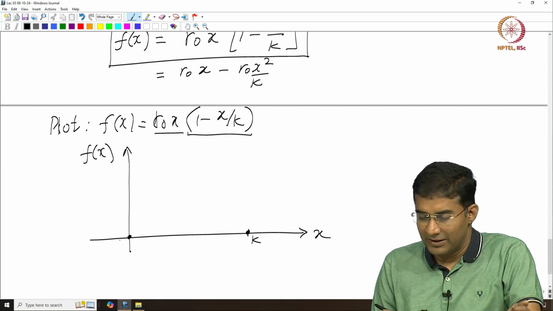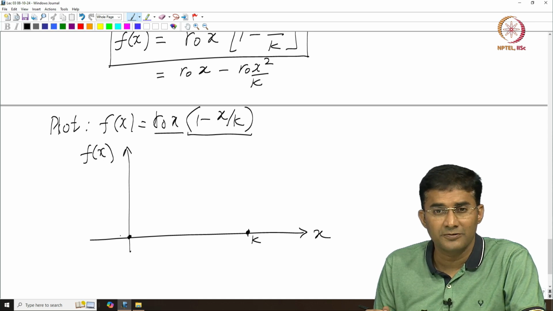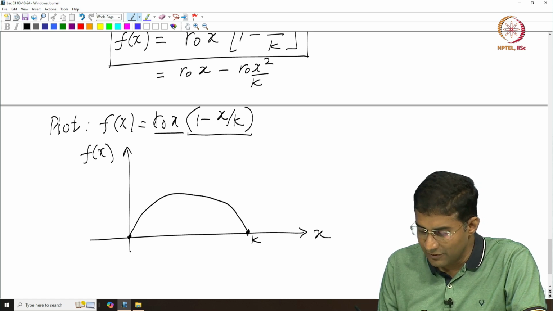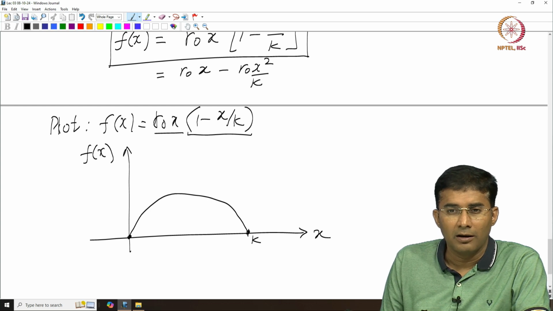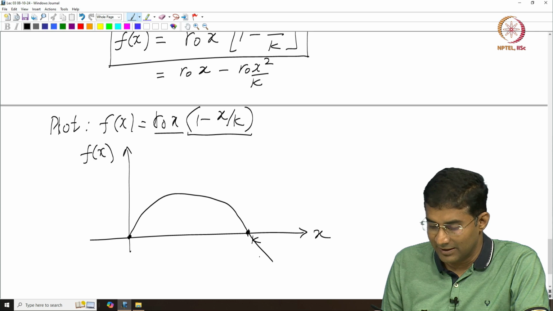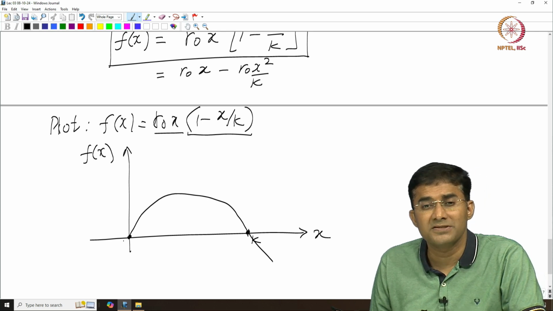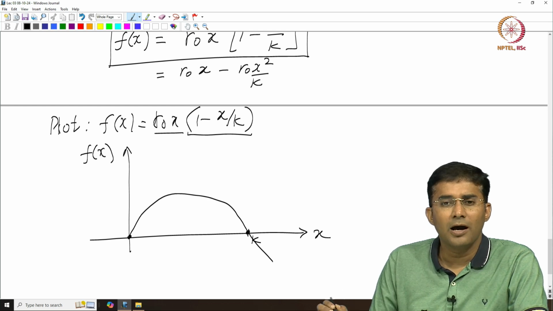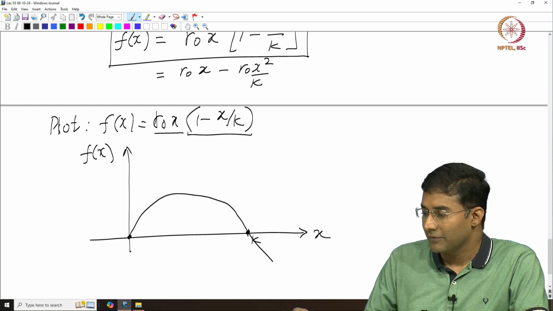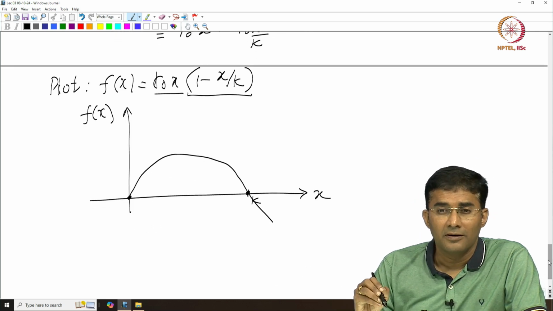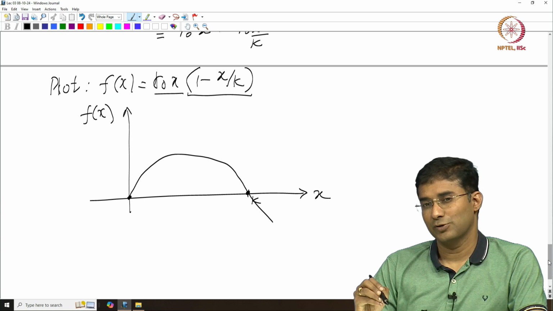If you pay careful attention, you will find it is basically an inverted quadratic function between 0 and K, and the population growth rate then becomes negative once the population crosses x equal to K. Okay. So, this is how the population growth changes with population density when the per capita growth rate is a linear function.